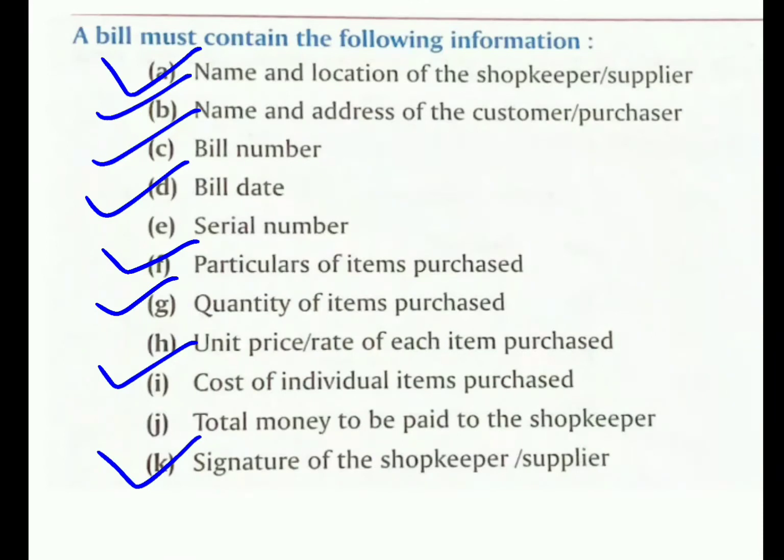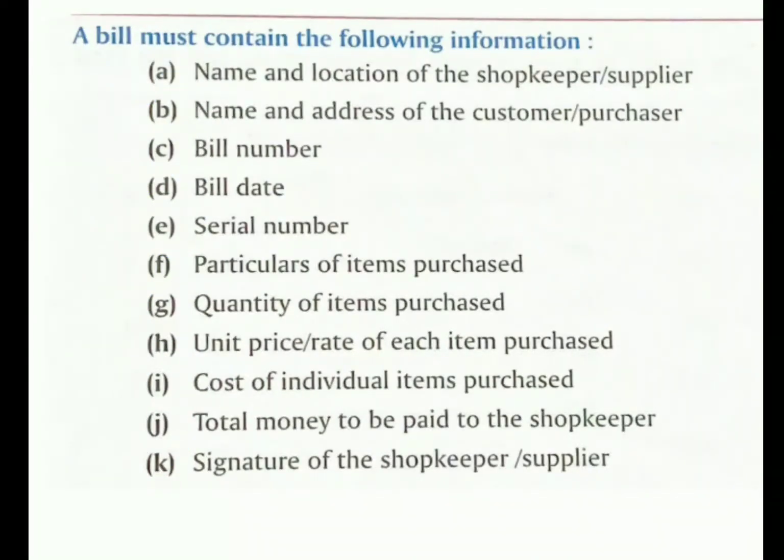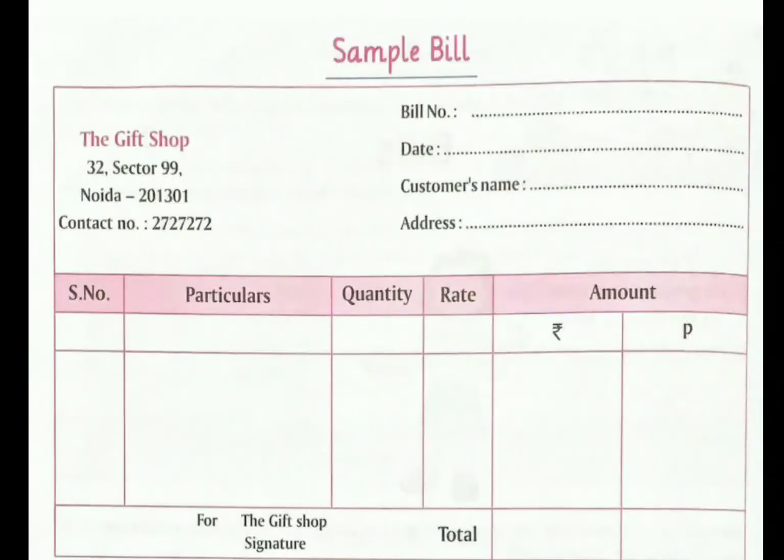Clear? These points are all given in the book. You have to underline them in the book. Clear? After that, this is called the format. Students, you have to make this format in your copy. See here, it doesn't matter that the shopkeeper's name should be kept on the left.